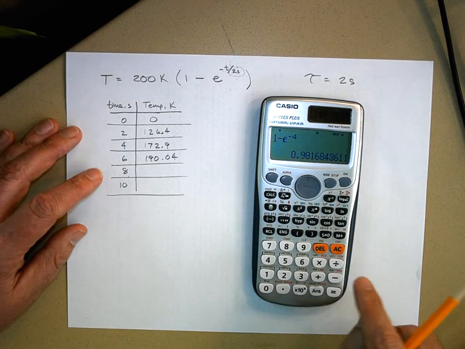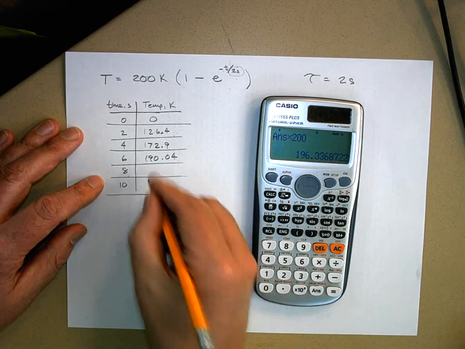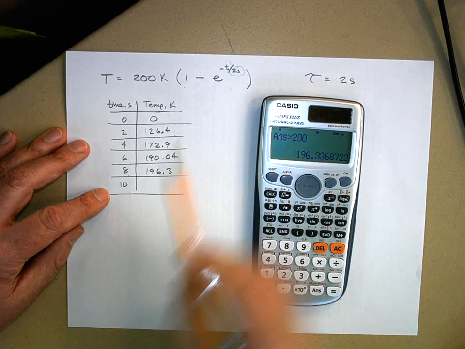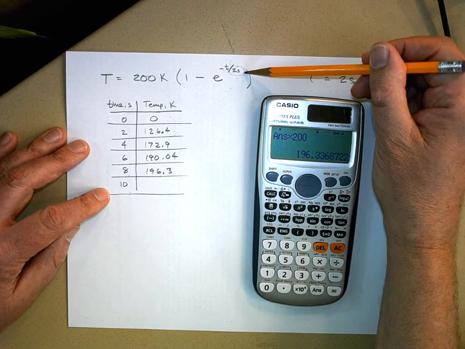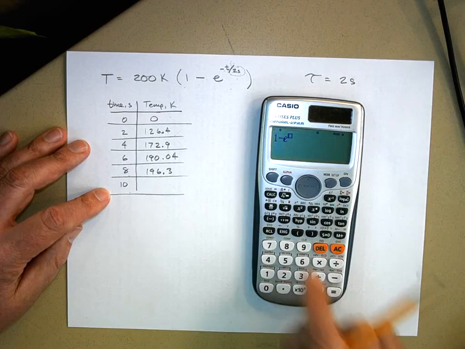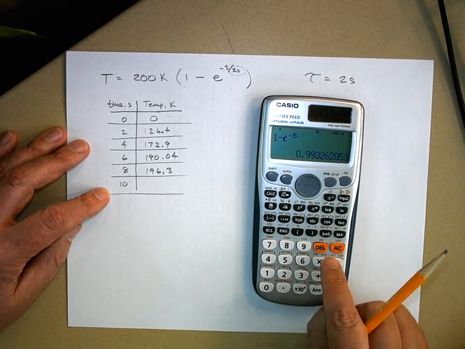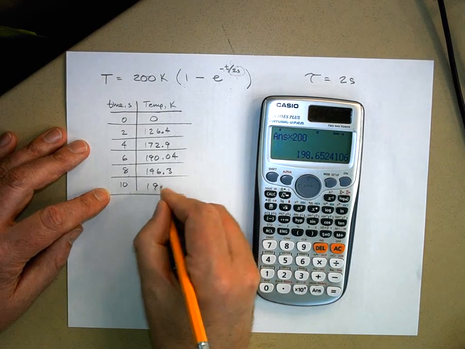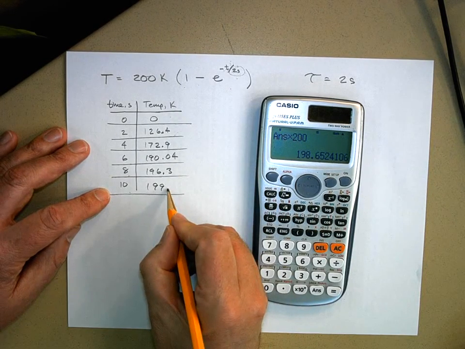And then times 200, 196.3. Now, last one. T equals 10 seconds. 10 divided by 2 is 5, negative 5. So it's going to be 1 minus e to the negative 5 equals 0.993 times 200 equals 199 if we round it off. Or 198.6, but I'll just round it off.